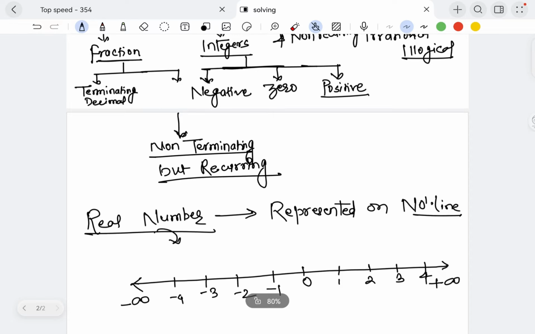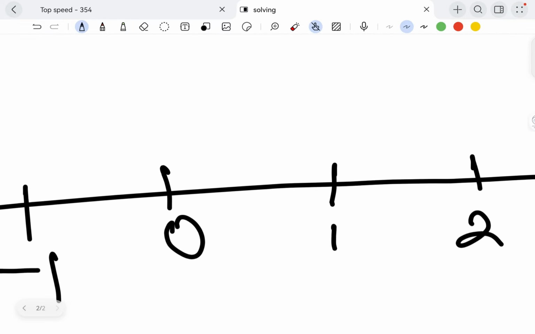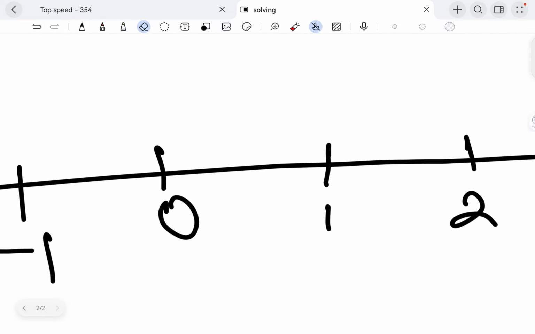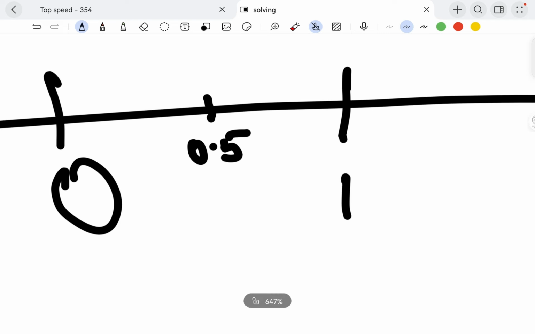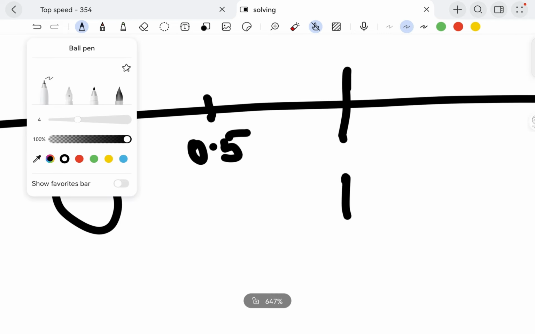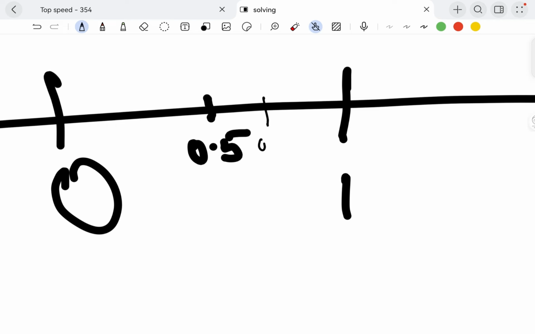Okay, let us zoom a bit. The best part of teaching on a tab is that you can actually zoom and show. So here we can actually show 0.5 also. Now if I zoom a little bit more, I can actually represent 0.61235 also, if this is 0.6.